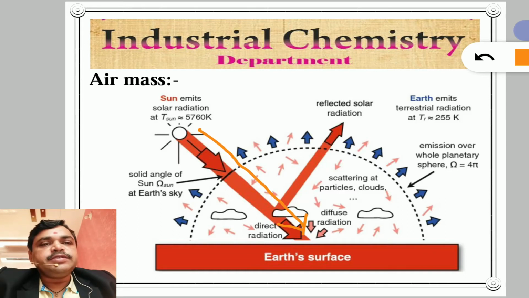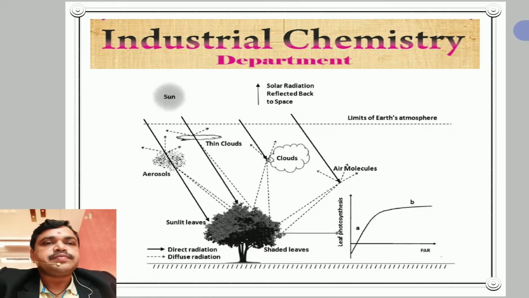But here some arrows are irregular, so it is known as diffuse radiation, and its direction is changed by the scattering process from the atmosphere, some gases, water molecules, etc. This is also the figure for the total radiation, diffuse radiation, and beam radiation.